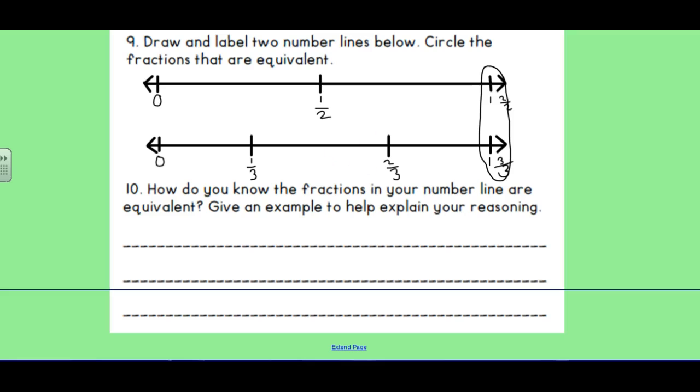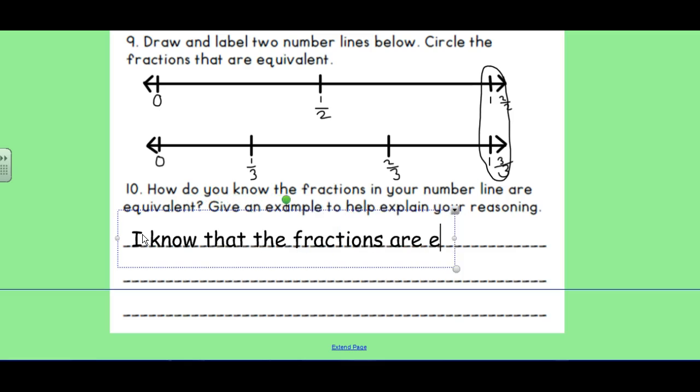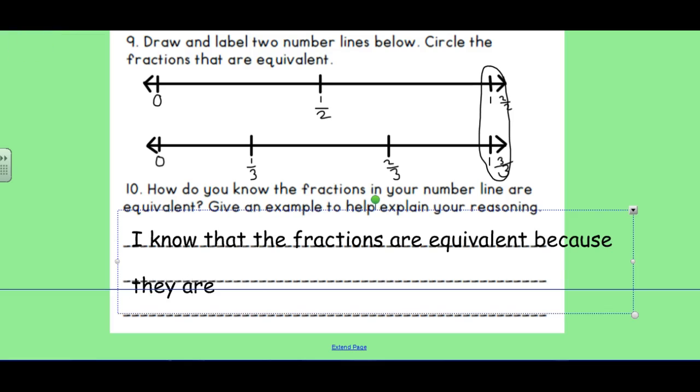to one another. Okay, so number 2 says, how do you know the fractions in your number line are equivalent? So we're going to answer it by saying, I know that the fractions are equivalent because they are at the same place on the number line.